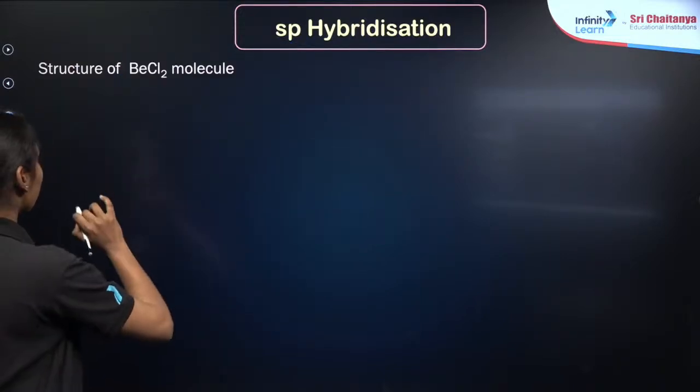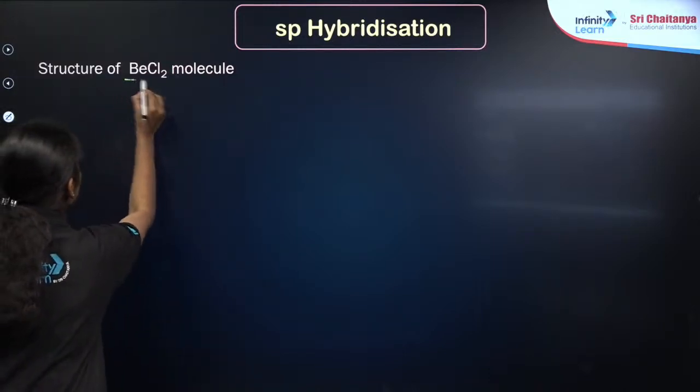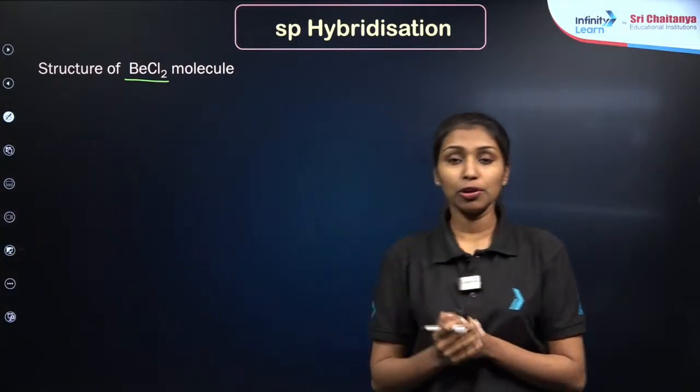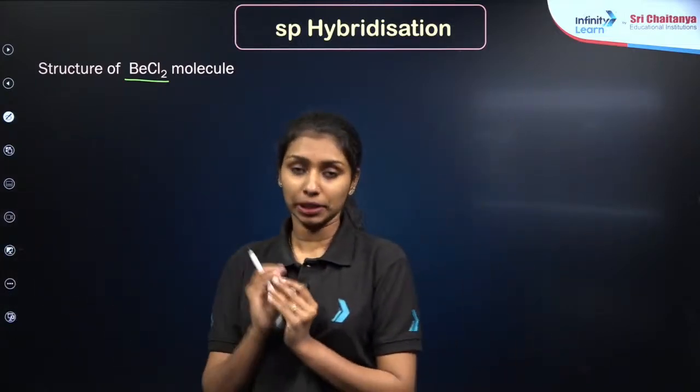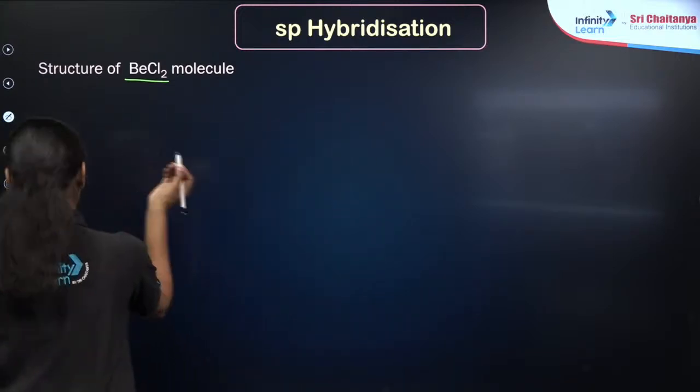Now let us explain the sp hybridization with an example, that is the BeCl2 molecule. Whenever you are given any molecule, first you have to find out the hybridization of the particular molecule by using the steric number concept, right?